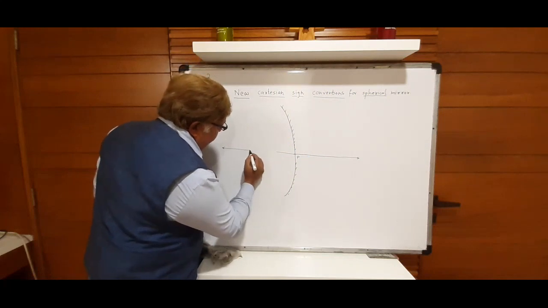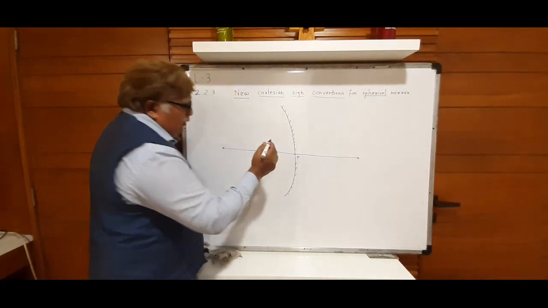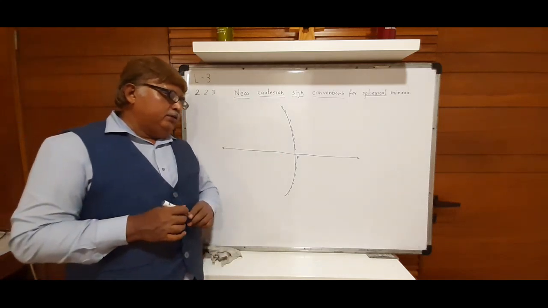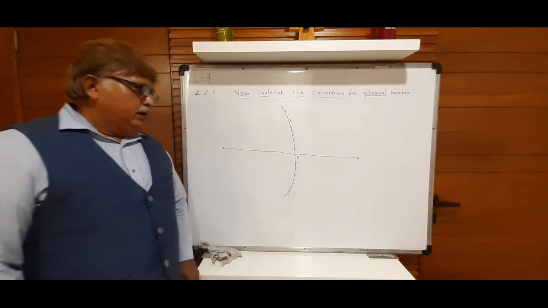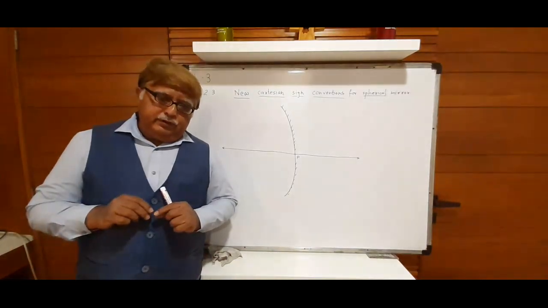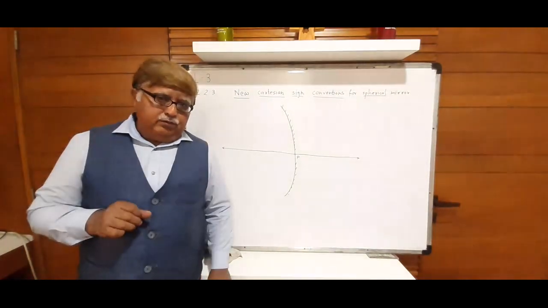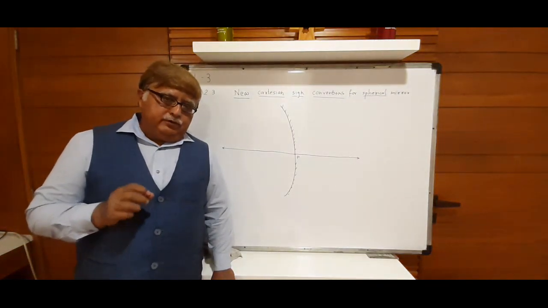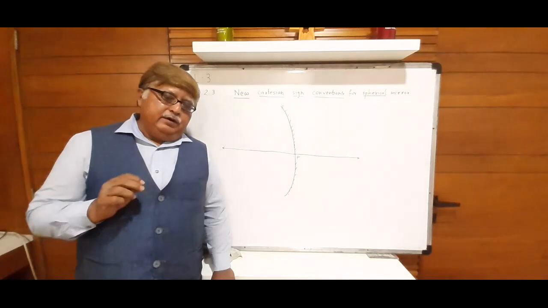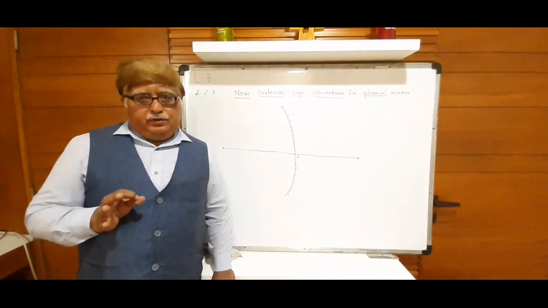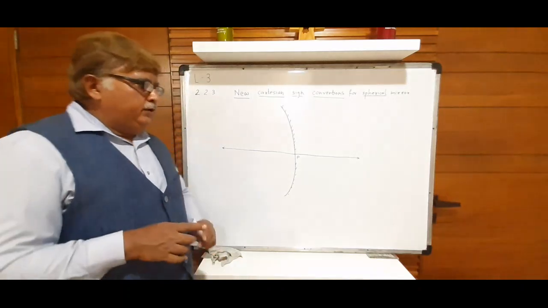First make such a diagram. Each and every rule of Cartesian sign convention we will speak, and I will just mention it in the diagram. You have to write each and every rule one by one.